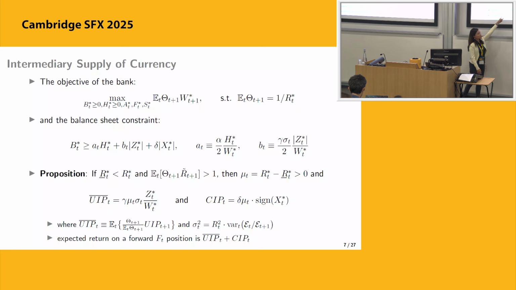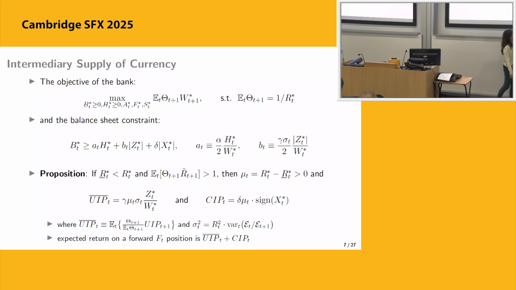And so the higher that shadow cost, the more will UIP have to increase when there is an increase in the currency risk exposure. Whereas the CIP will also be related to X, but it will only inherit the sign of X. It will not increase linearly, and that is because of the constraint.